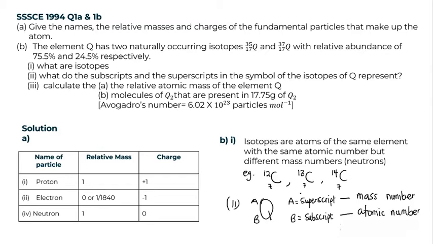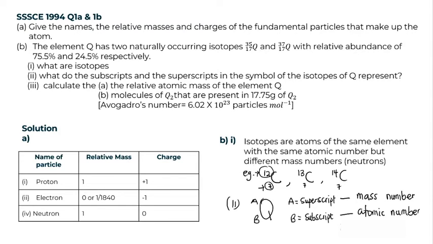So basically, for the element Q that has a superscript and a subscript, the superscript is the mass number and the subscript is the atomic number. For this example, carbon 12, the one at the bottom is the atomic number and the one at the top is the mass number. So this is the subscript, this is the superscript, as you can see over here.